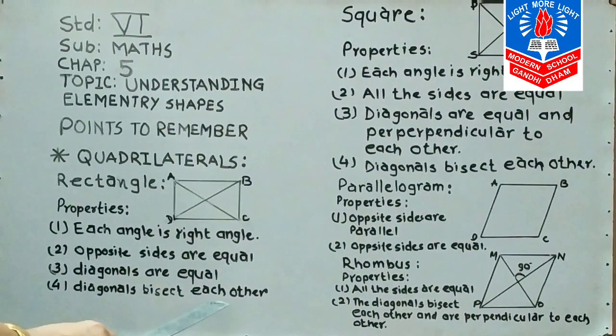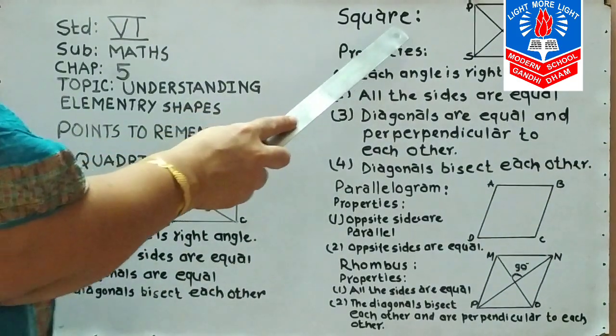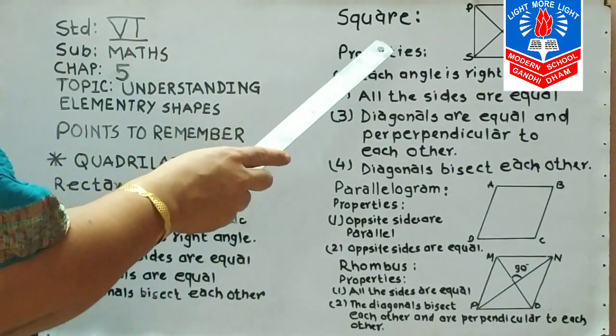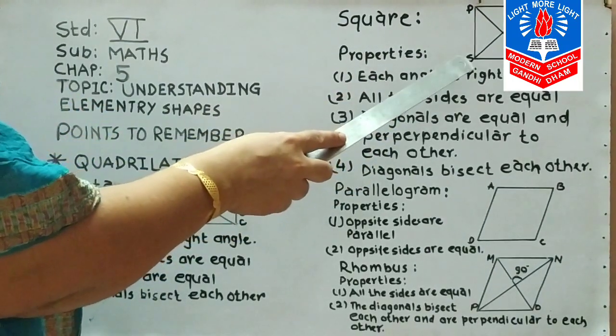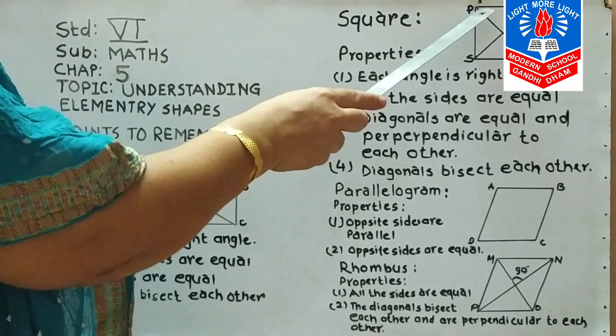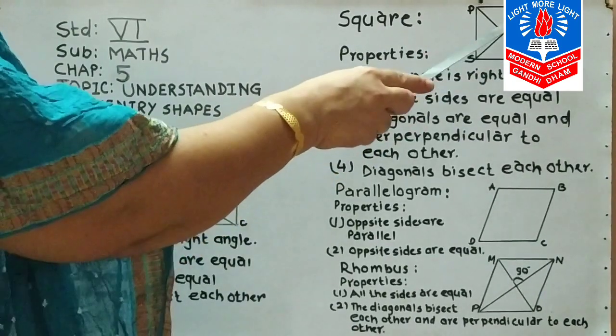Diagonals bisect each other. The second type of quadrilateral is the square. You know the square also very well. All sides of a square are equal. All angles, it means each angle, is a right angle.